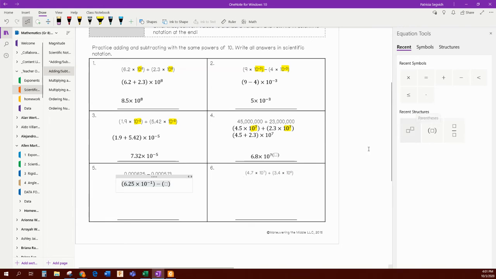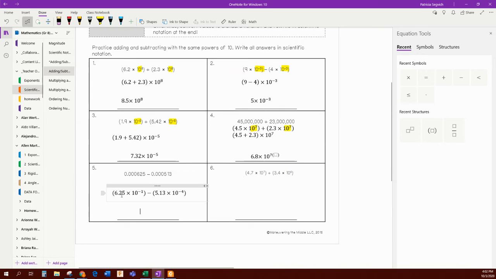And our next one, let me move this down a bit, our number between 1 and 10 is going to be 5.13 times 10, and let's look, 1, 2, 3, 4. 10 to the negative 4. Right?